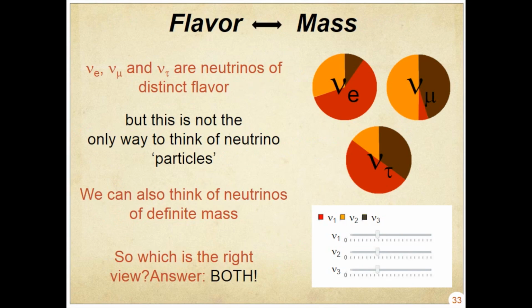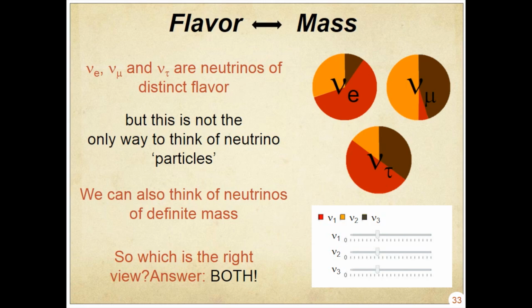All right, so the basic idea, so how many of you have taken quantum mechanics? Okay, so in quantum mechanics, we understand that you can think about particles in different ways, and you can think about different types of particles in states of superposition. Okay? So I told you that there are electron, muon, and tau. There's 3 different kinds of neutrinos. It turns out we now understand there are also 3 neutrinos of distinct mass.